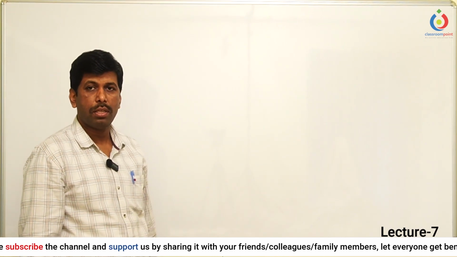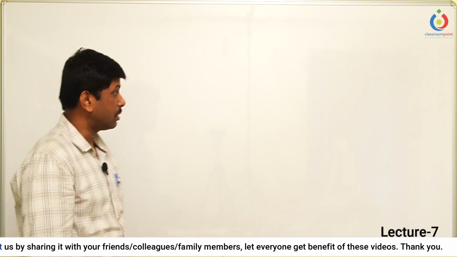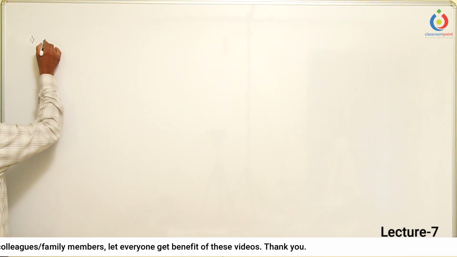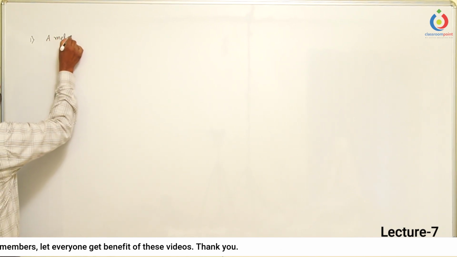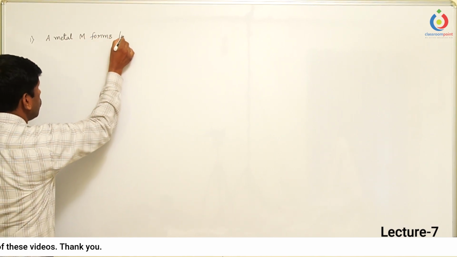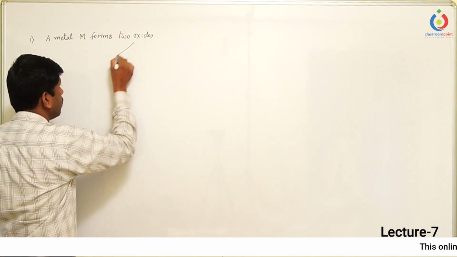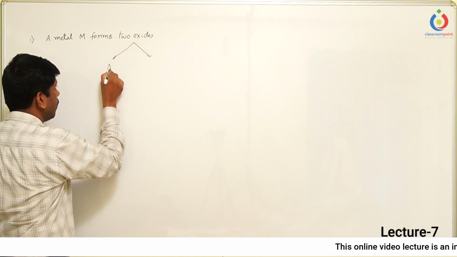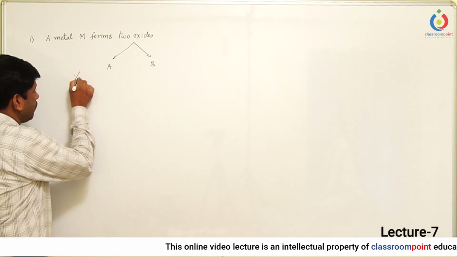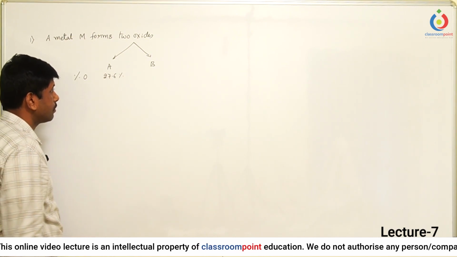Let us see some questions on how questions are asked based on the law of multiple proportions. The question here is: a metal M forms two oxides, oxide A and oxide B. The percentage of oxygen in oxide A is 27.6%.